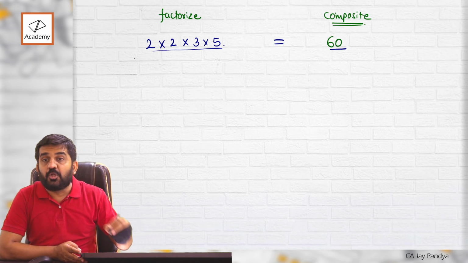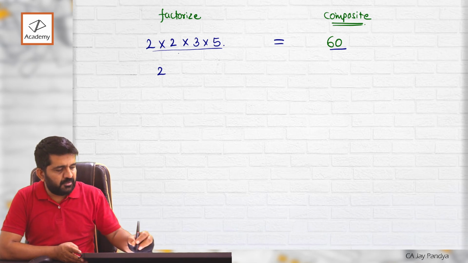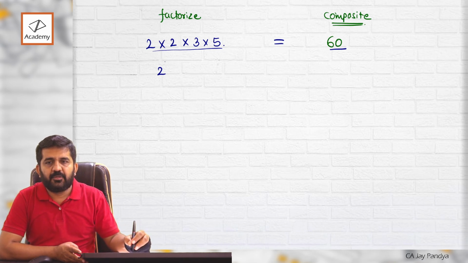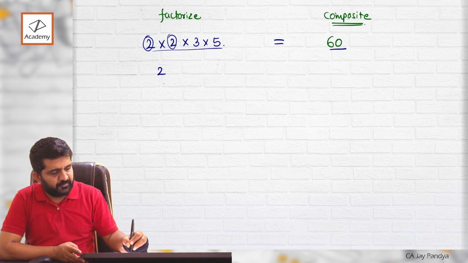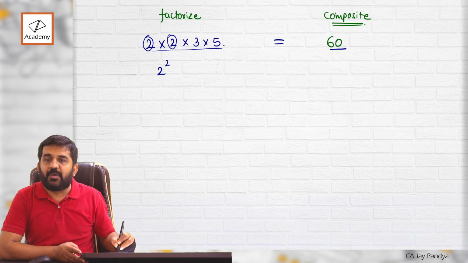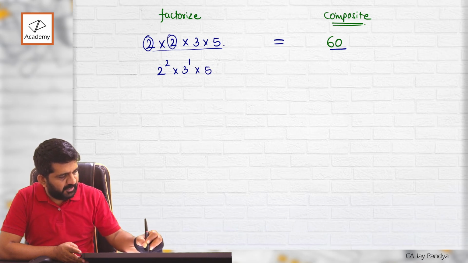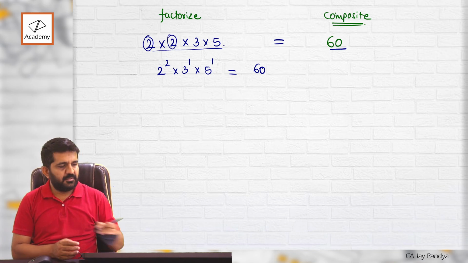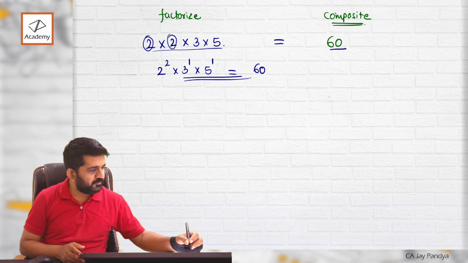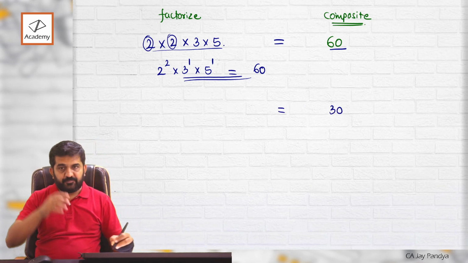So now we will also learn how to write this down. 2 raised to how much should I write down, Ishwa? 2 raised to 2, as it occurs 2 times. So 2 square multiplied by 3 raised to 1 multiplied by 5 raised to 1 is equal to, you should try this on your own, 30.